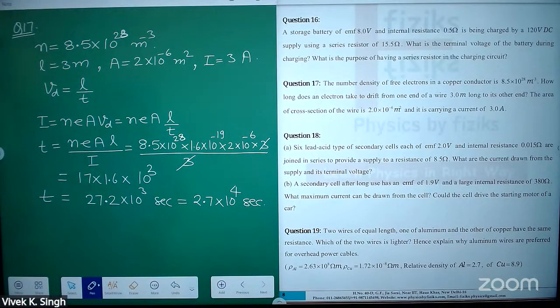Now solve the next question, question number 18. Let's see. Try to solve question number 18.